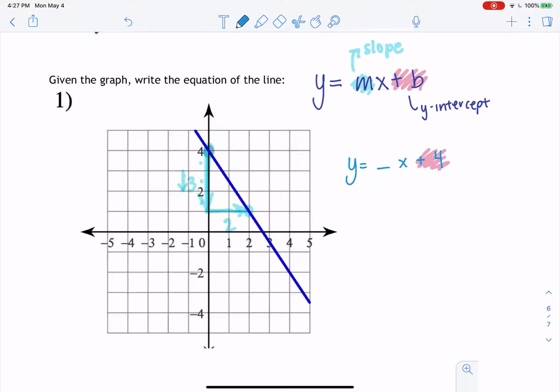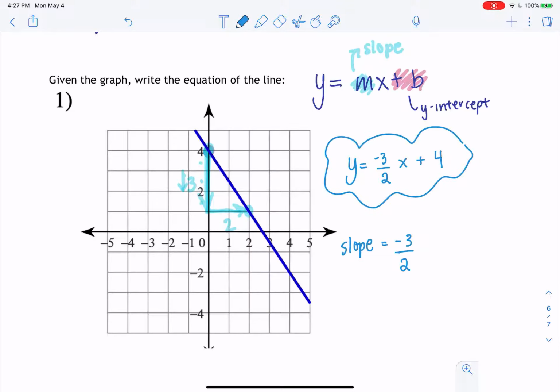So our slope, since it's down 3, it's going to be negative 3, and then to the right 2 is positive 2. So our slope is actually -3/2, and the equation is y equals -3/2 x plus 4. So this is the equation of that line.